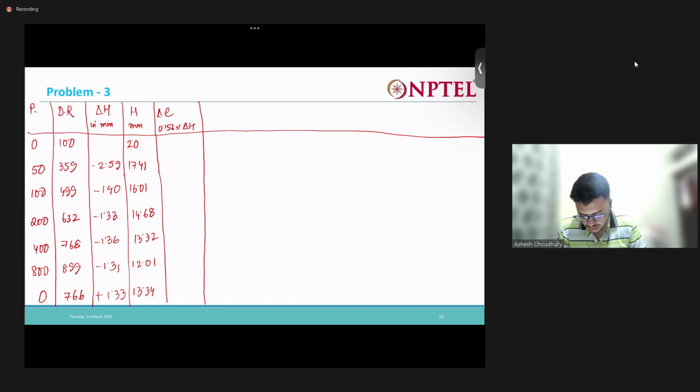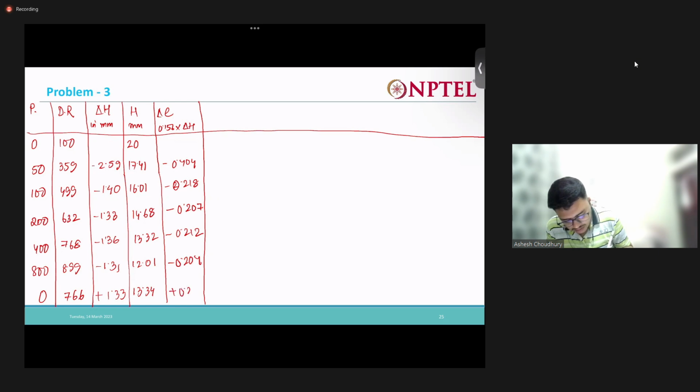So it is 2.59 into 0.156, which should be minus 0.404, then 0.156 into 1.40, which will be minus 0.218, then minus 0.212, minus 0.204, then at the end we will have plus 0.207.